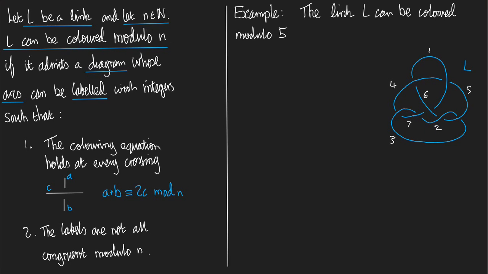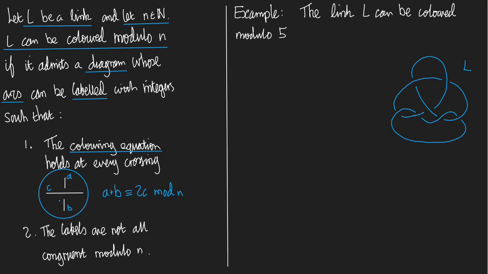Right, let's go back to the definition. The link can be colored modulo n if it admits a diagram whose arcs can be labeled with integers in such a way that these two properties hold. First, the coloring equation holds at every crossing. Well, if we had a crossing in our labeled diagram, then it would look a bit like this.